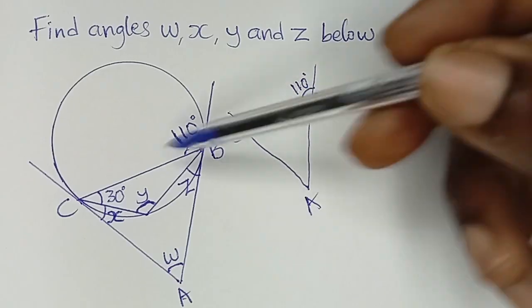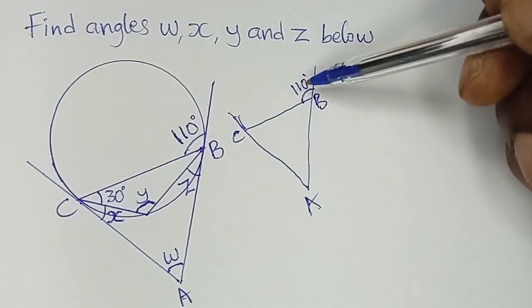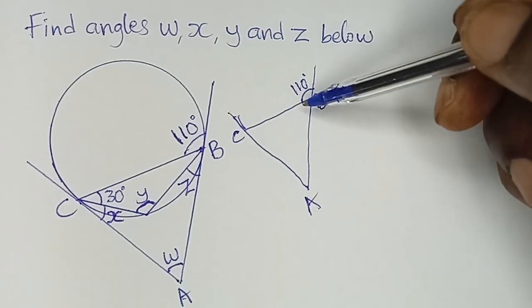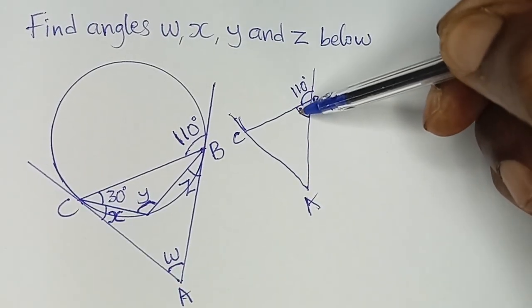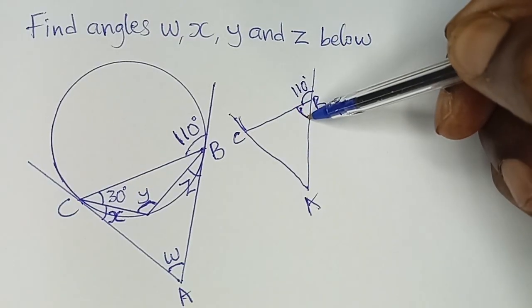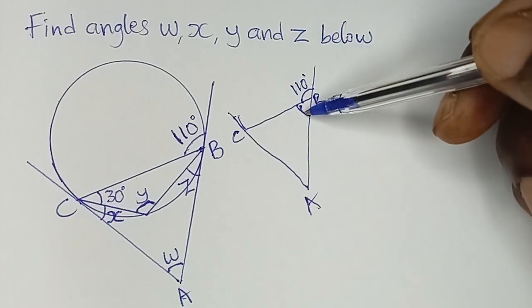So from this now, don't forget this triangle is what I brought out here. So if this side is 110, then the whole of this angle can be obtained because the sum of angles on a straight line is 180.